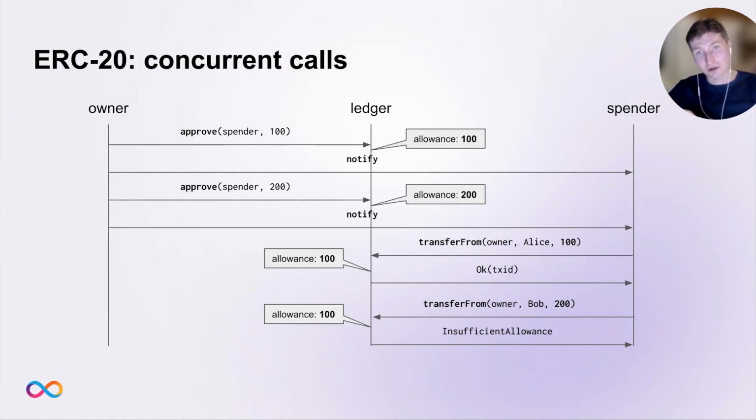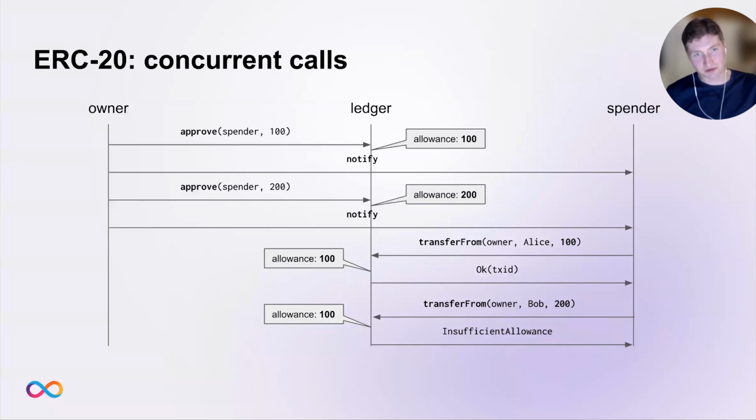So now the total allowance is 200 tokens, which was the latest number specified. Then the spender receives notifications and tries to execute them in sequence. It executes the first transfer, sends some funds to Alice of 100, and it works fine because the total approval now is 200.